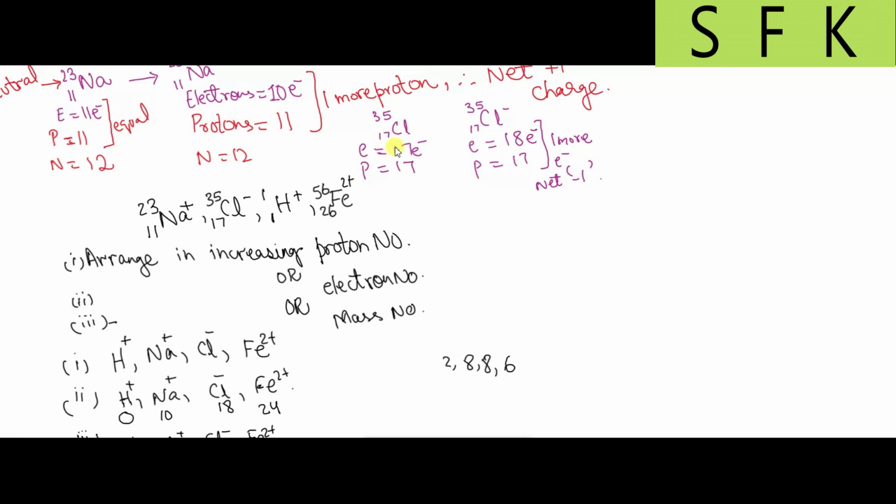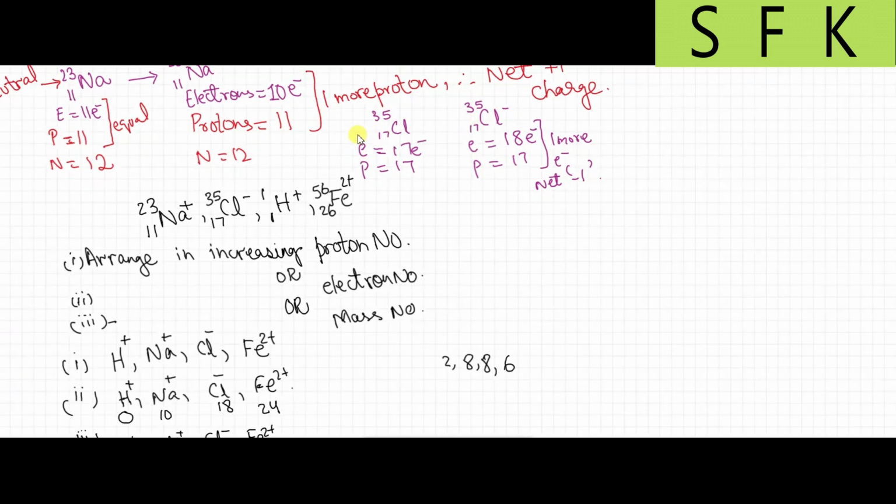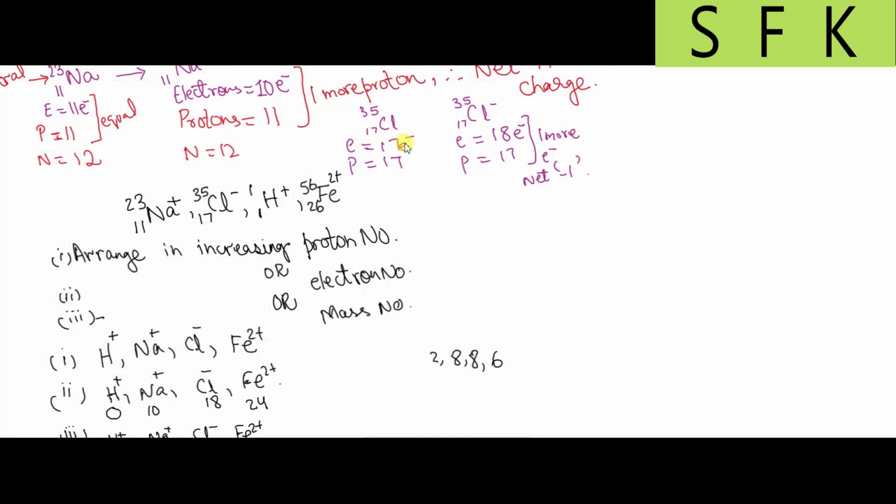The chlorine atom has a nucleon number of 35. The chloride ion also has a nucleon number of 35. Proton number is 17, and the proton number is also 17 in the ion. So the number of electrons in the electrically neutral species is equal to the number of protons, that is, 17.